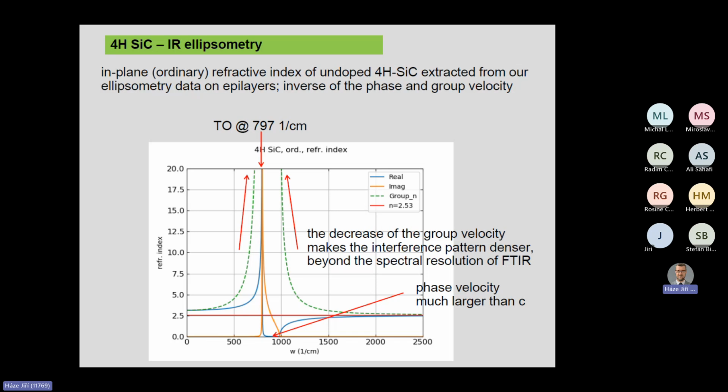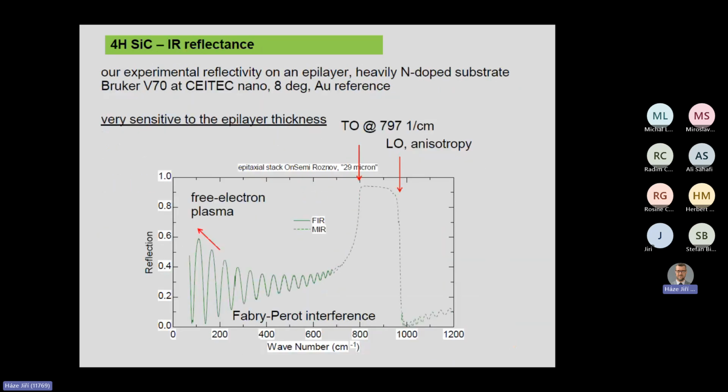This is also what is observed here. You see, here the amplitude diminishes, and there is almost nothing to be seen here, in spite of the actual Fabry-Perot resonance in this. The instrument is not able to see it because of the finite spectral resolution.